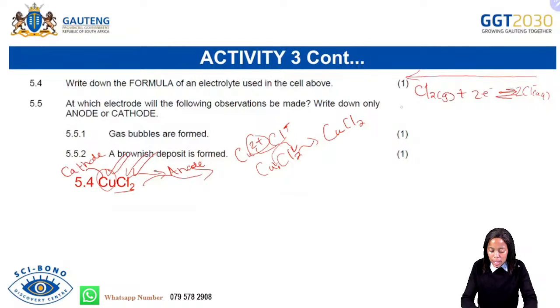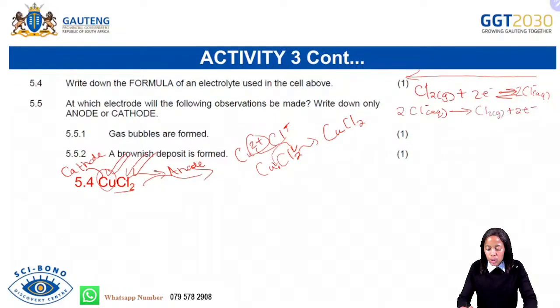So when you do that, you are going to start with 2Cl- aqueous to give us Cl2 gas plus 2 electrons. So looking at the question here, it says gas bubbles. Where are the gas bubbles formed?